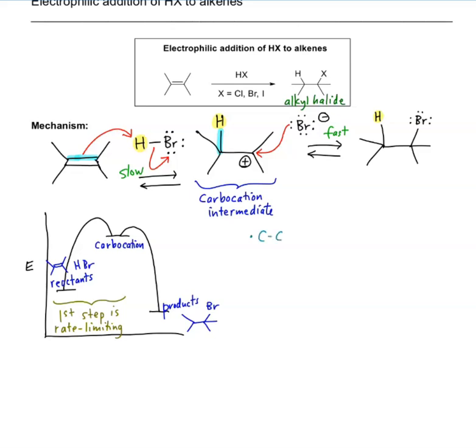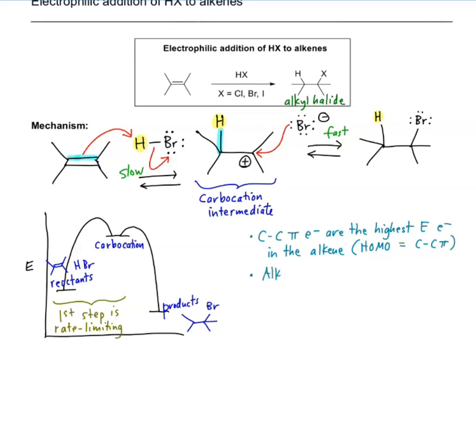First of all, to remind you, the carbon-carbon pi electrons are the highest energy electrons in the alkene. That means that the highest occupied molecular orbital, or the HOMO, is the CC pi.